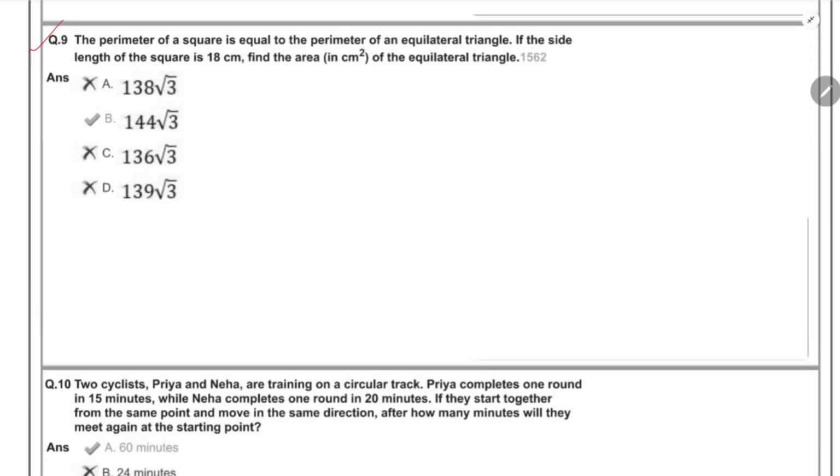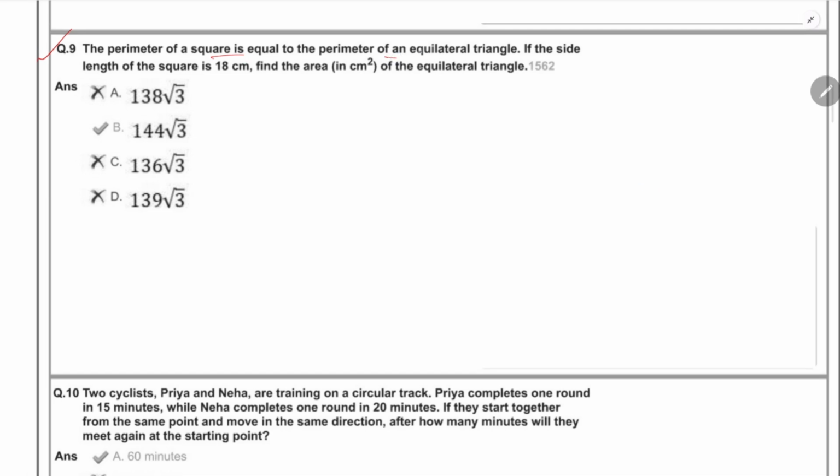In question number 9, the perimeter of a square is equal to the perimeter of an equilateral triangle. If the side length of the square is 18 cm, find the area of the equilateral triangle. So let's draw this. This is a square, and this is an equilateral triangle.